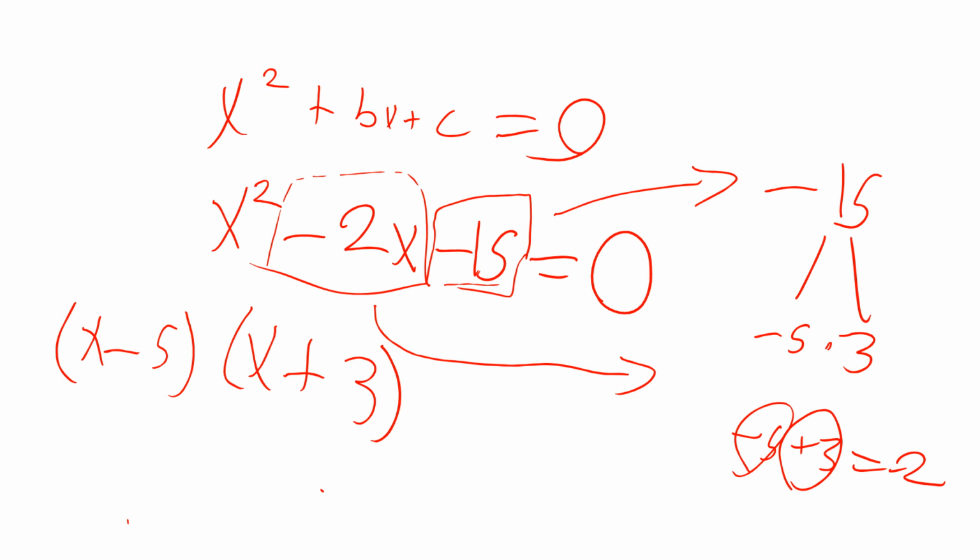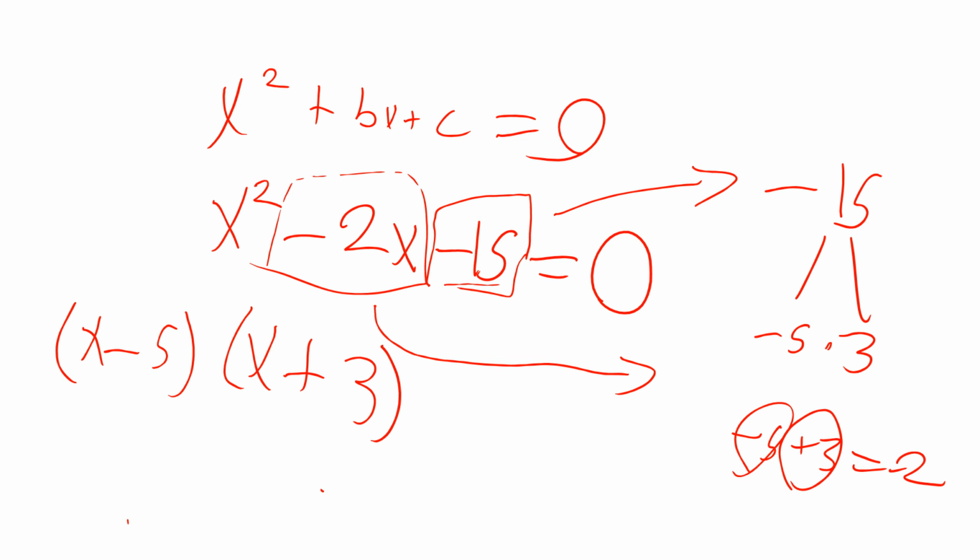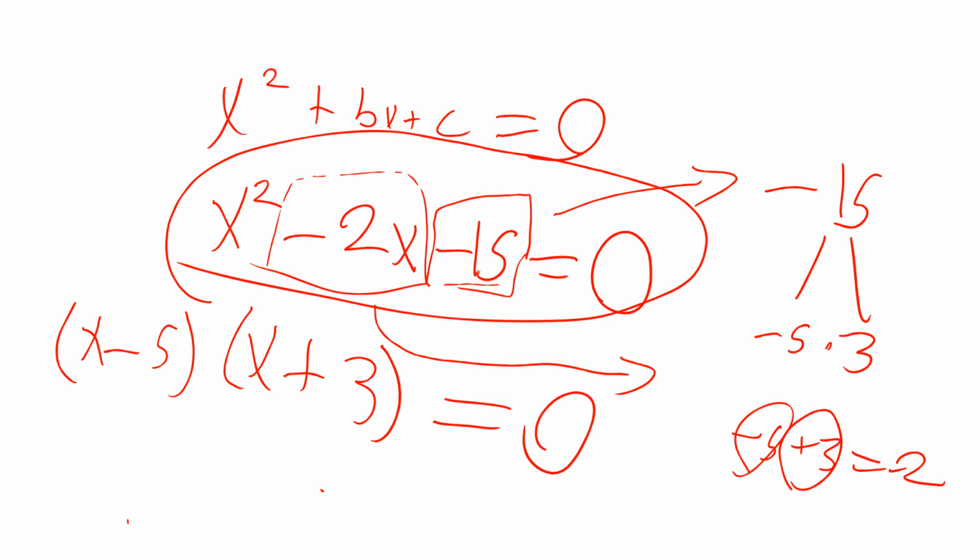That's basically the majority of the work done. Now that we've factored, it's easier to solve the problem. And we know that this is just 0. This is nothing but the factored version of this quadratic.